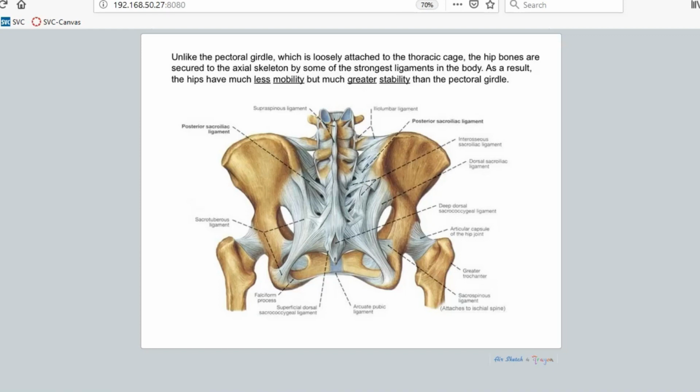And so there's not a lot of range of motion. So what these ligaments are doing is they're essentially securing the sacroiliac joint there. Okay, there's a lot of reinforcement there. So that's not a joint that we want to move around.